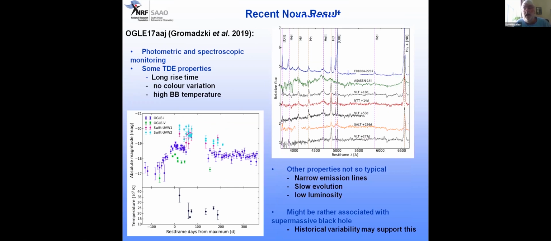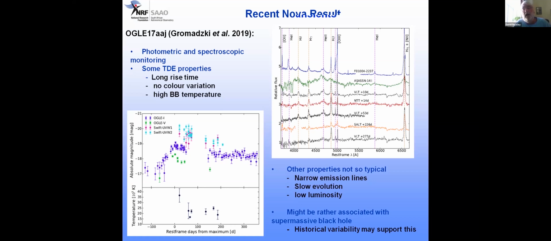These are some examples from our Polish collaborators who work on a telescope called OGLE in Chile, which is looking at variables and transients. In particular, they're interested in nuclear transients in other galaxies and things called tidal disruption events, which are thought to be the disruption of a star as it passes close to the supermassive black hole in the center of the galaxy.